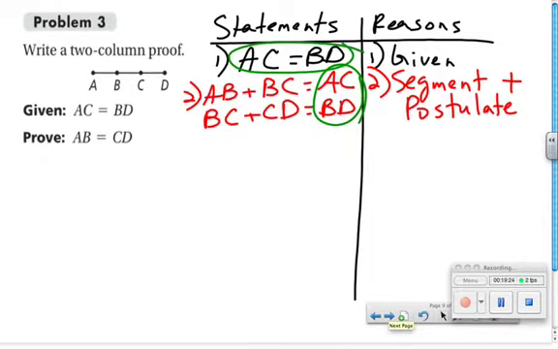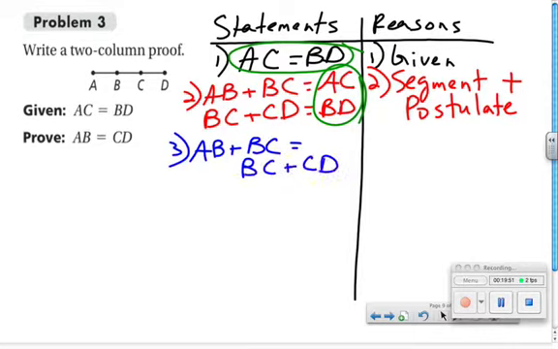Yeah. So how can I condense these equations, Mariah? AB plus BC equals... Yes, that's it. What she said was AB plus BC equals BC plus CD.